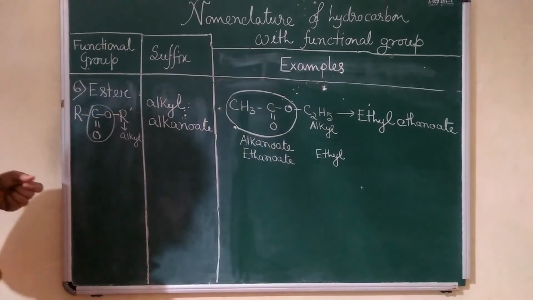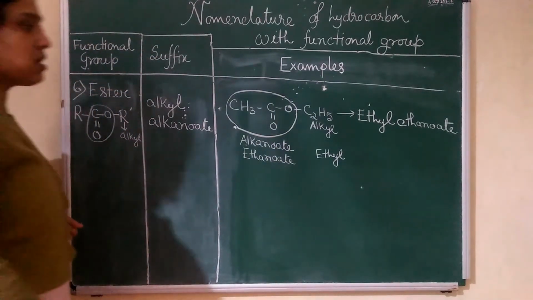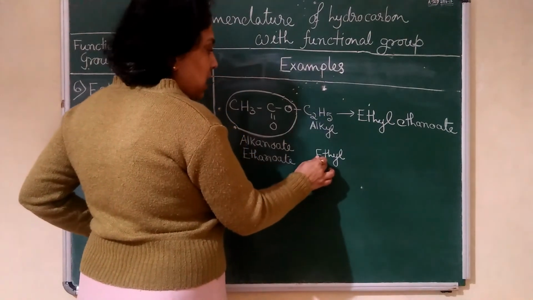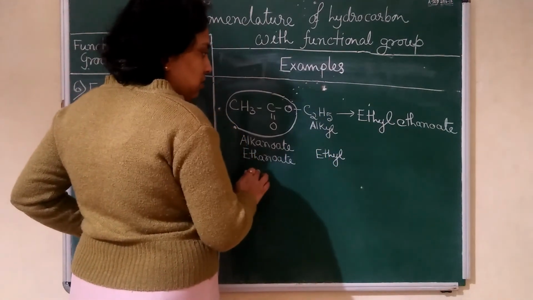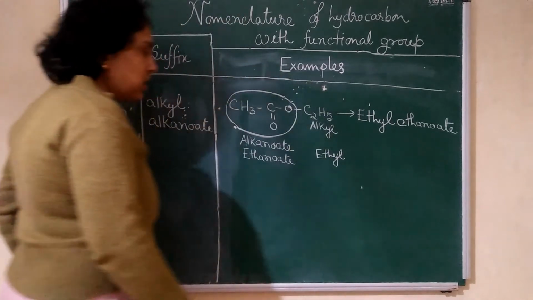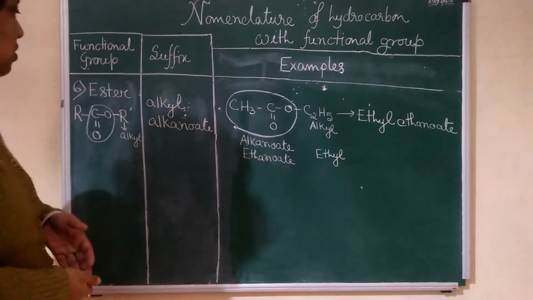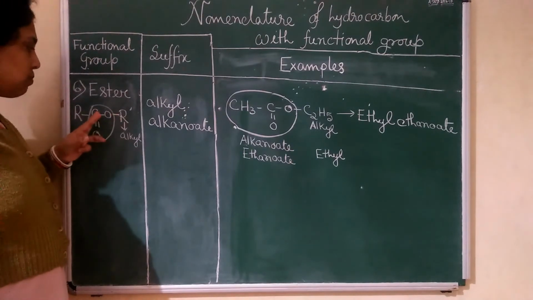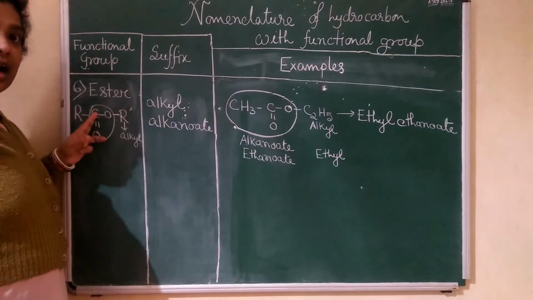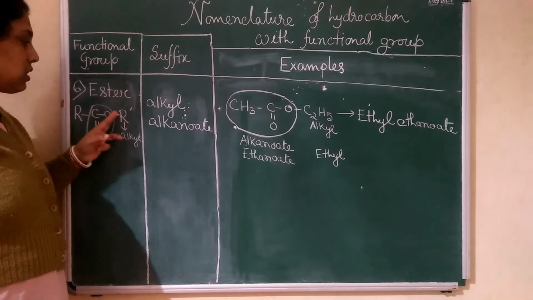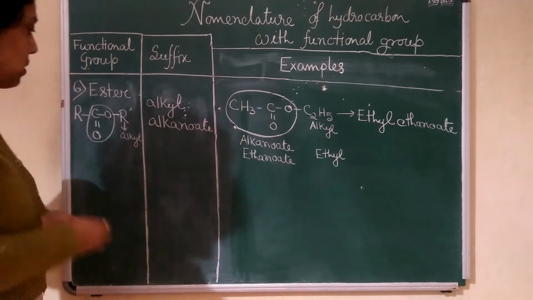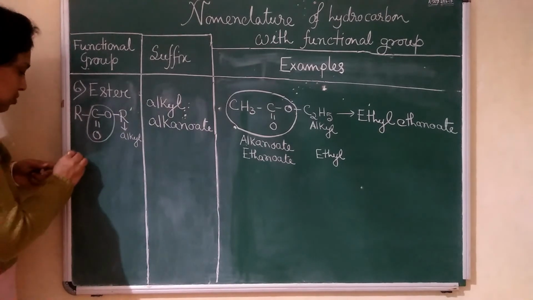If this one is CH3, then it will be methyl ethanoate. So your understanding is necessary for this nomenclature: if the R group is not attached to the carbon of the functional group, then it is considered alkyl.